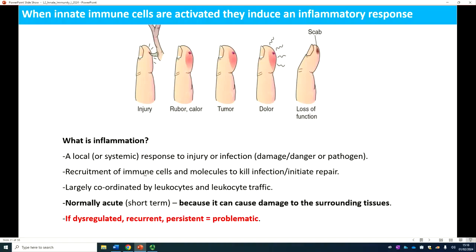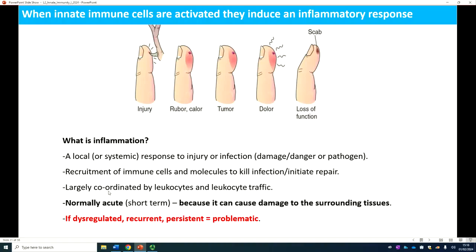But what we're getting is this recruitment of immune cells and molecules whose main job is to eliminate that infection, but also to initiate repair. And it's coordinated by the leukocytes that we looked at, but there's also an important role in leukocyte traffic. By traffic, we mean the migration of the leukocytes into that inflamed tissue.